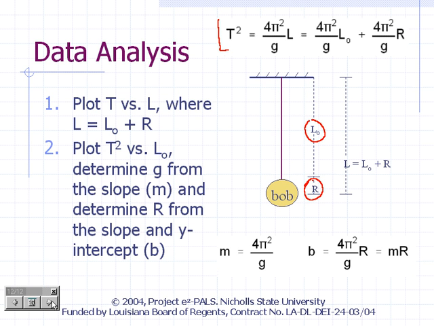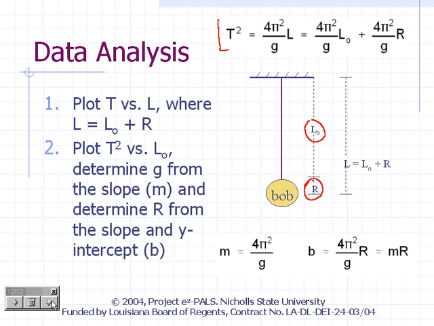The proportionality constant is 4 pi squared over g, where g is the acceleration due to gravity. For this experiment, our independent variable is L0. Our dependent variable is the period, T. Since T is not equal to a constant times L0 plus another constant, the plot of T versus L0 will not give us a straight line.